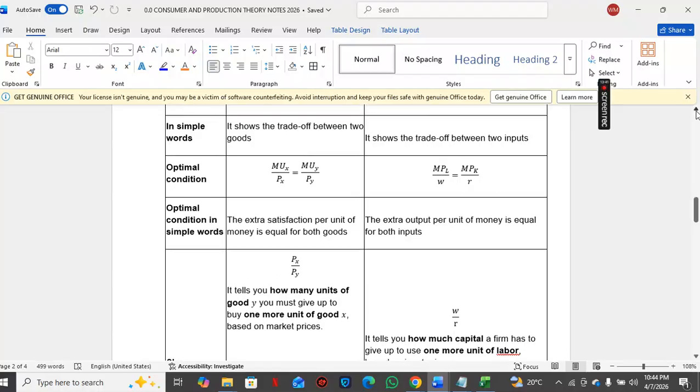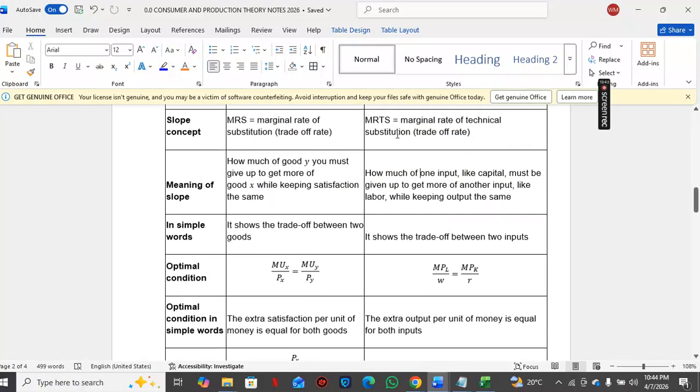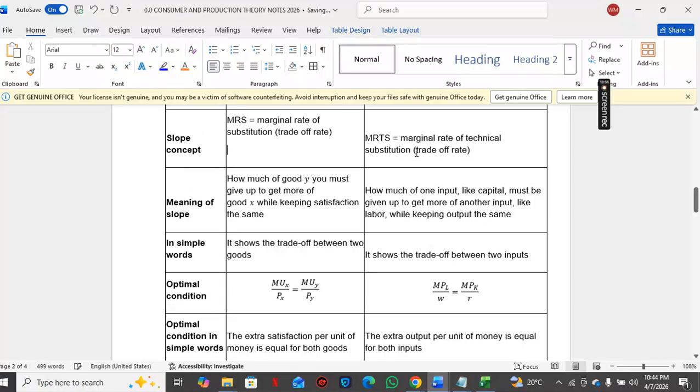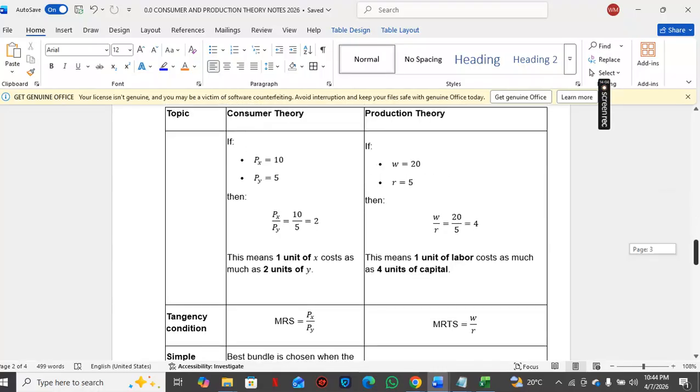So that's for this marginal rate of substitution and marginal rate of technical substitution. Therefore, for the consumer theory, indifference curves. Okay, the indifference curve. For the production theories, an isoquant curve. Did I draw them here?